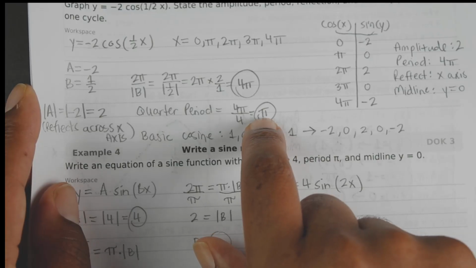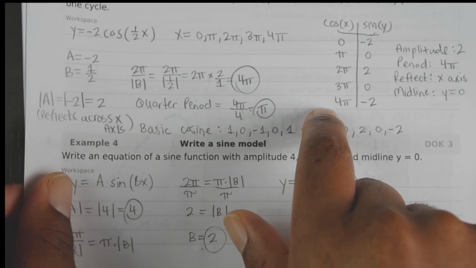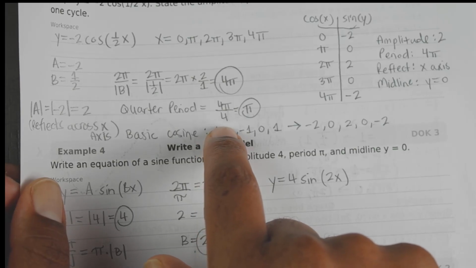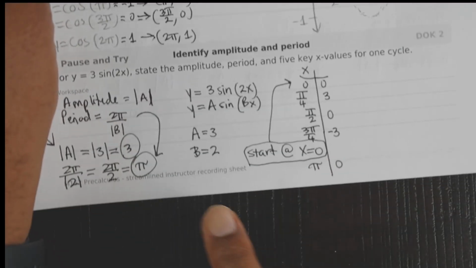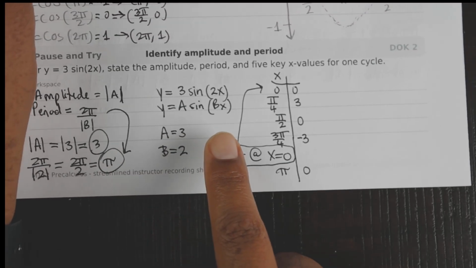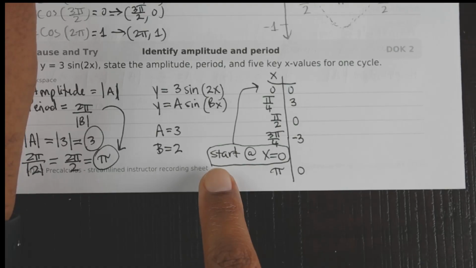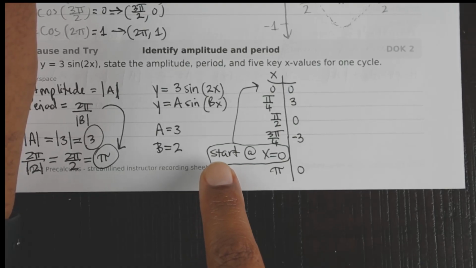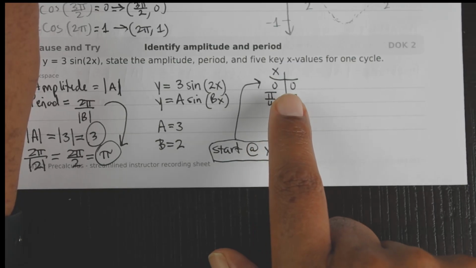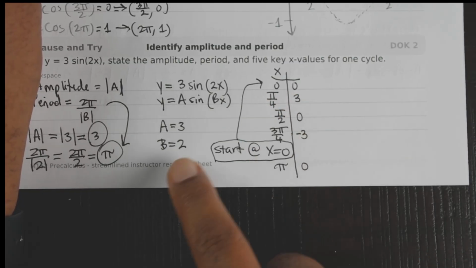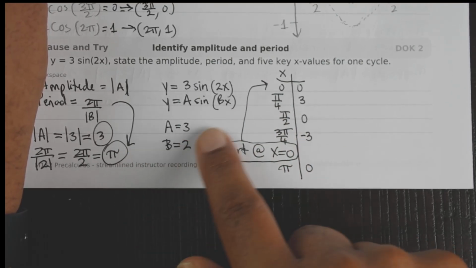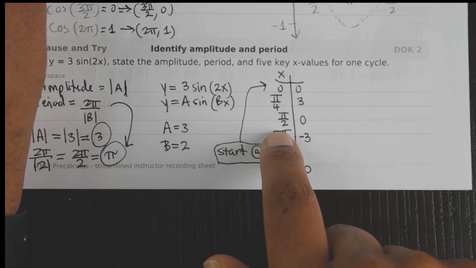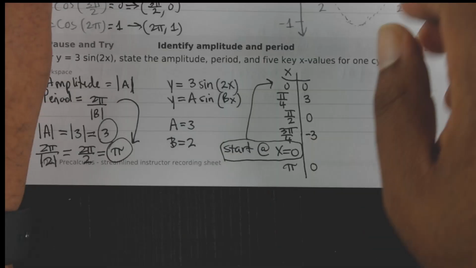So that's why we ended up doing intervals of pi: 0, pi, 2 pi, etc. And then over here, we had quarters as well, which I chose 0, and then this divided by 4, so that would be pi over 4, and then you keep going, pi over 2, and then 3 pi over 4, etc.